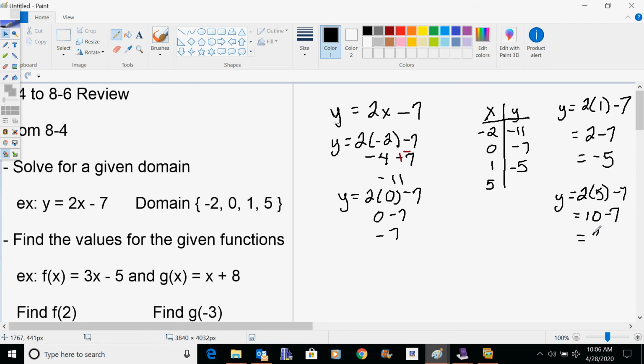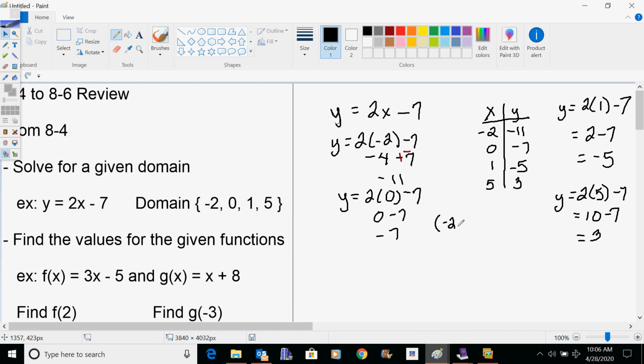which equals 3. And just from knowing how you think, the biggest deal for you guys is going to be careful with your negatives. Okay, be careful if you have to do subtracting a negative or something like that. Now the way that you'll write your answer, the way that I want you to type it in, would be the ordered pairs.